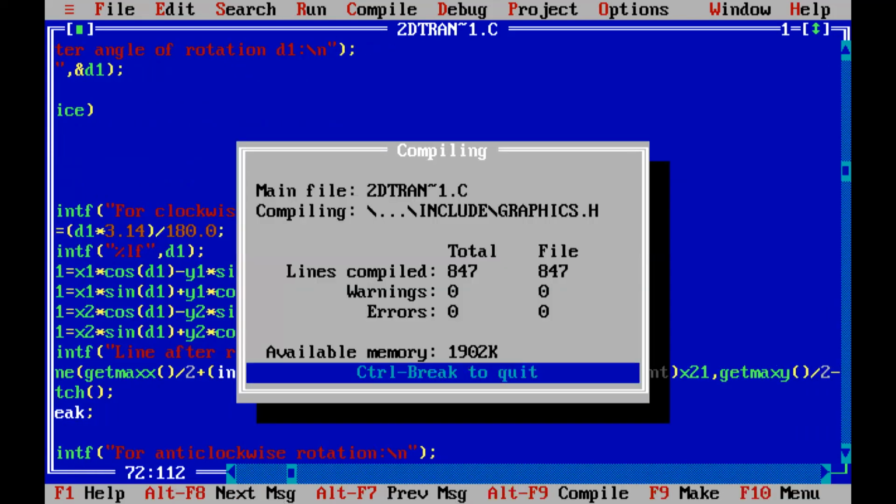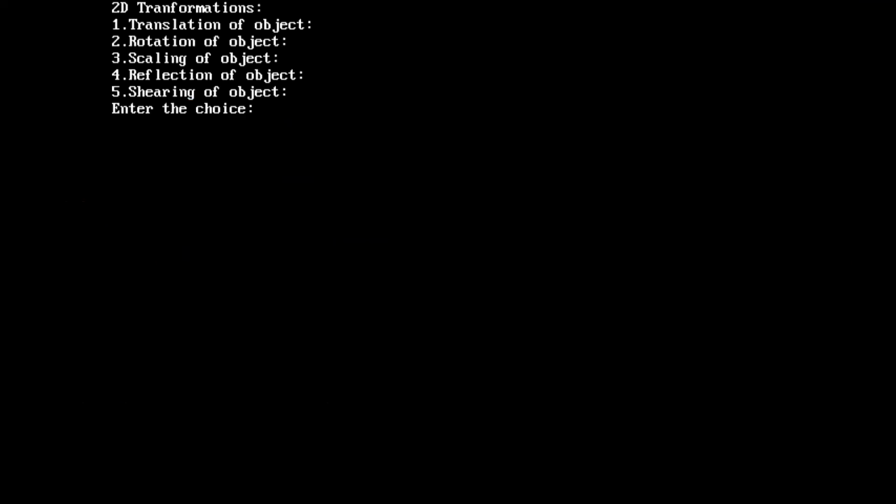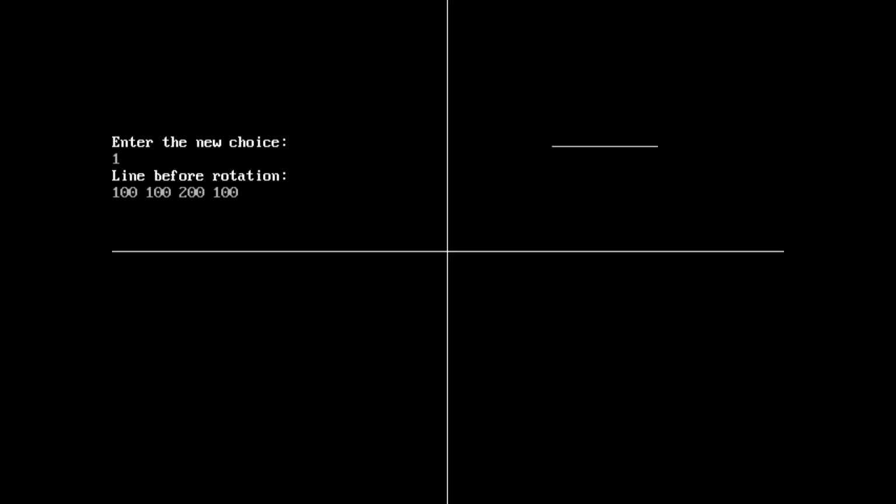Okay. Let us run the program again. 2, 100 to 200. Okay. Now I am getting the line which is horizontal.